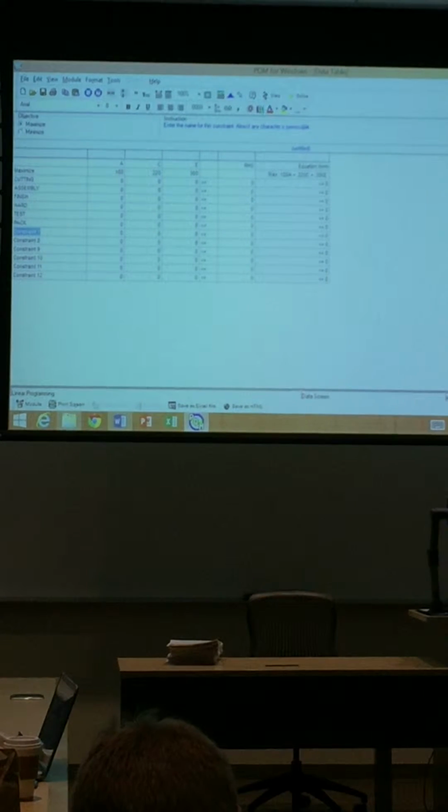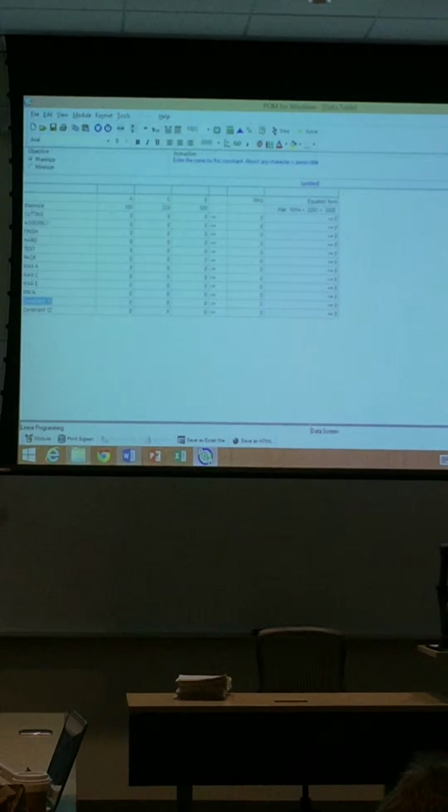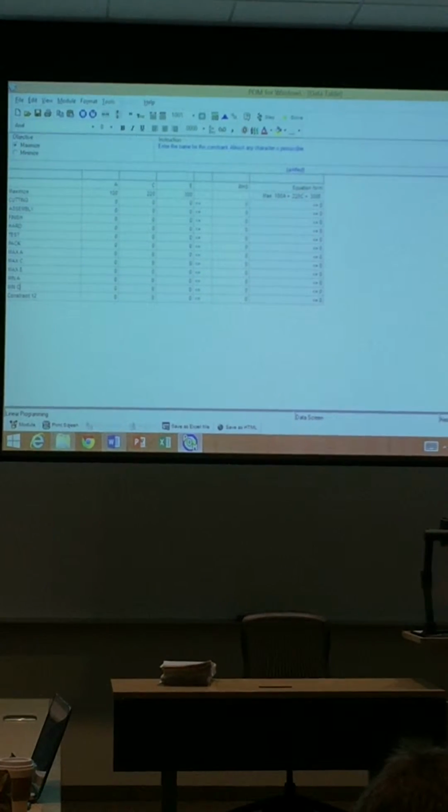Then let's have those marketing constraints: maximum demand for A, and minimum demand for A. So let's have the max for C, max for E, min for A, min for C, and min for E.